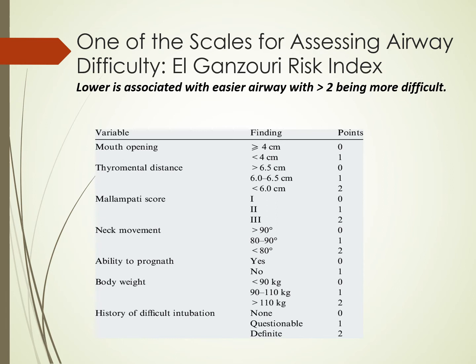The lower the score, the easier the anticipated intubation. As far as cutoffs, while the founders of this scale were reticent to say this is easy, this is medium, this is hard, they basically said that a higher score, somewhere north of 2, would tend to be associated with a more difficult airway.